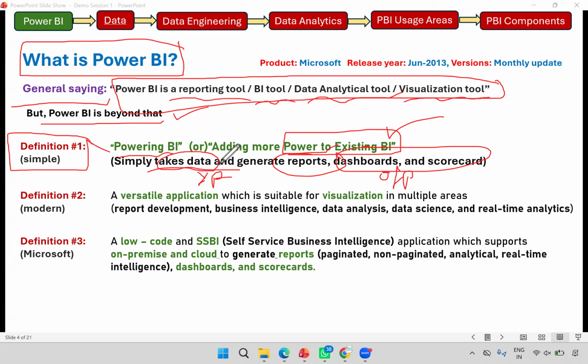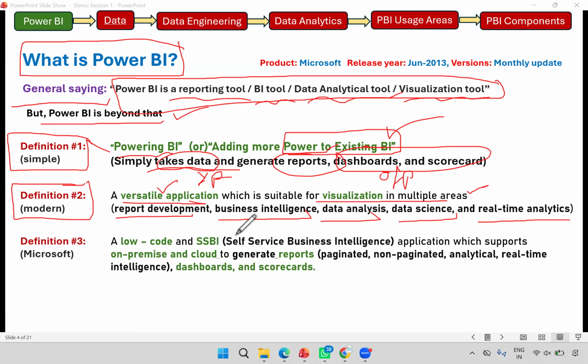The modern definition: it's a versatile application suitable for visualization in multiple areas. Report development level, business intelligence level, data analysis level, data science level, real-time analytics level, multiple places it is providing support. As people don't know the beauty of this, they say it's a reporting tool not having market.